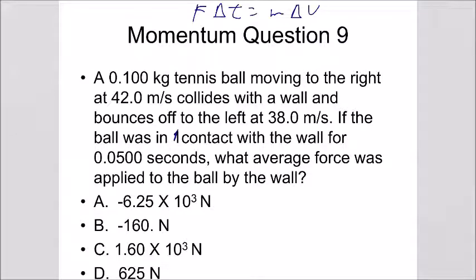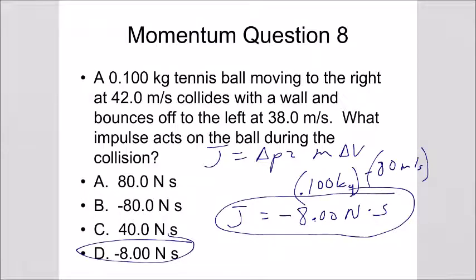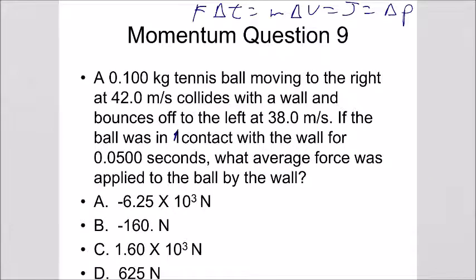And remember that m delta v is equal to J. It's also equal to delta P. In the previous problem, we found that the impulse was negative 8 newton seconds. So we could say that negative 8 newton seconds impulse is equal to F delta T.